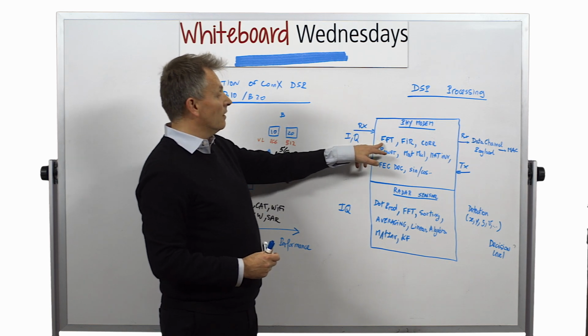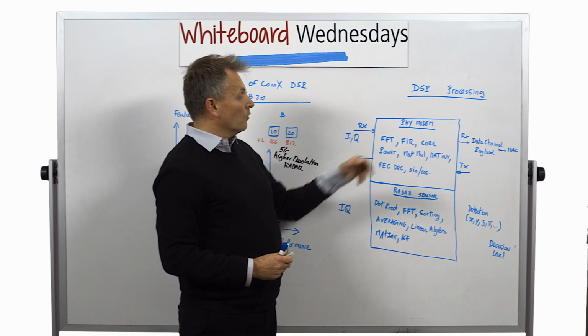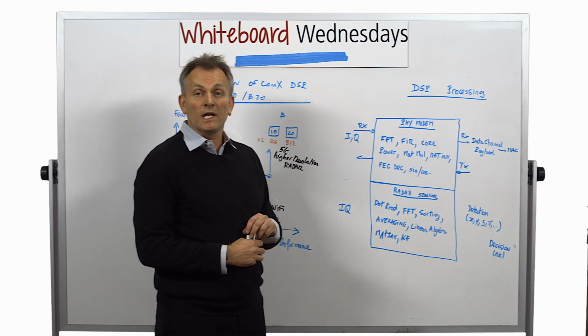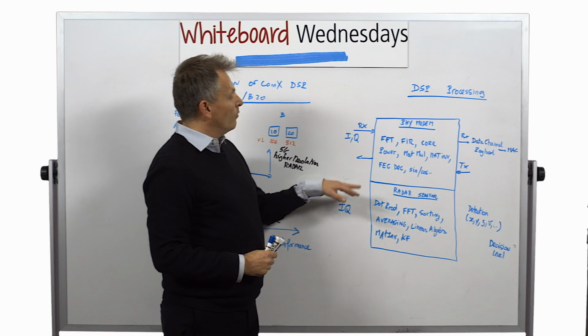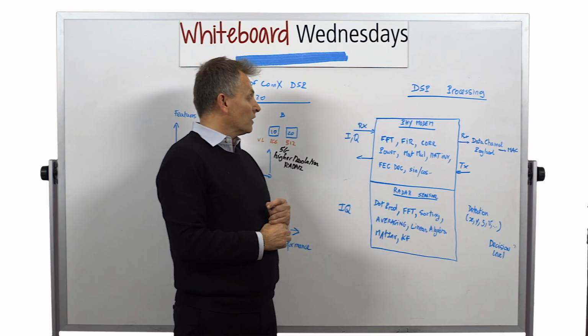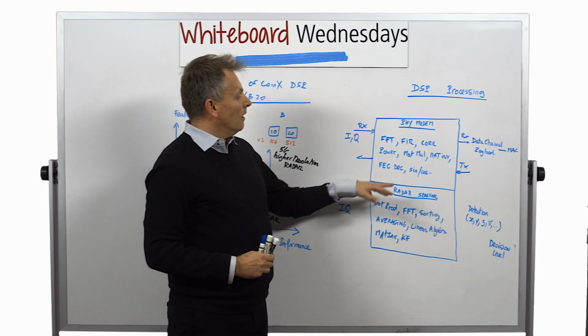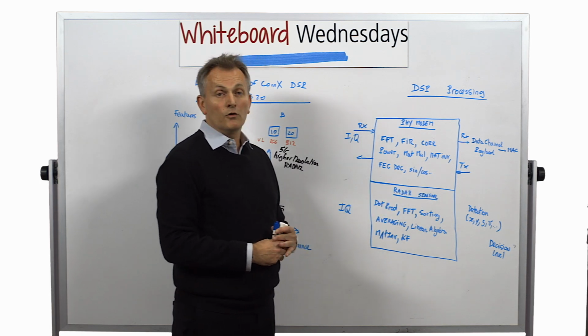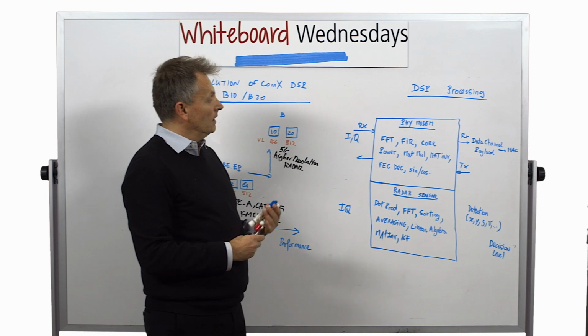The typical kernels that are mapped on our DSPs are FFTs, IFFTs, DFTs, FIR, correlations, power summations, some matrix multiplication, matrix inversions, but also some forward error correction decoder, and some math. Some sine and cosine for phase tracking, or logarithm and exponent as well.